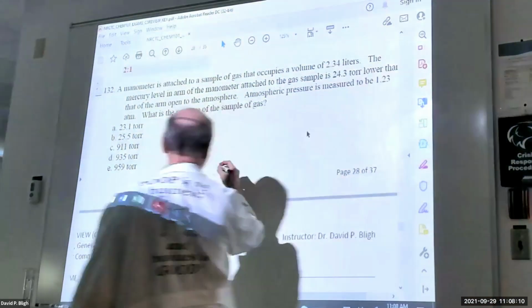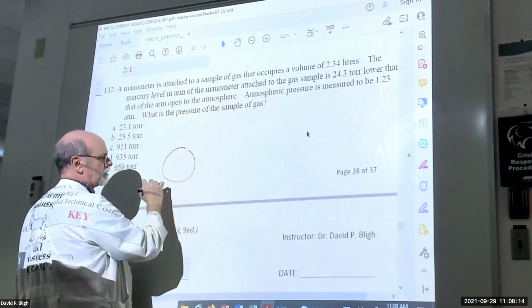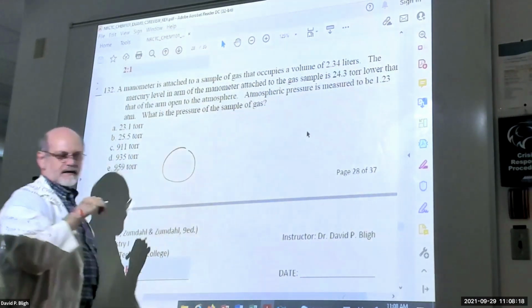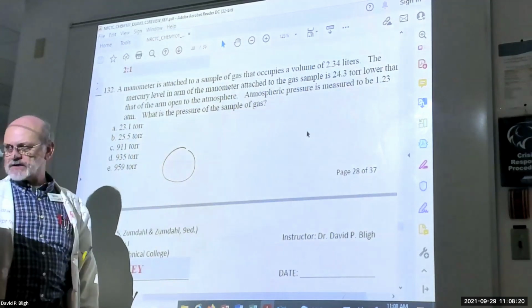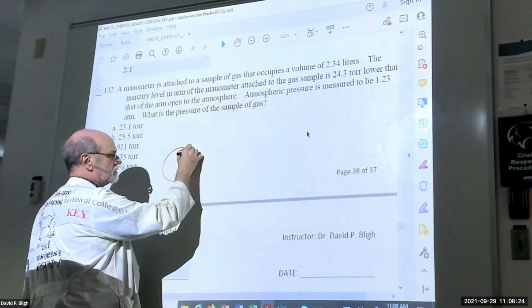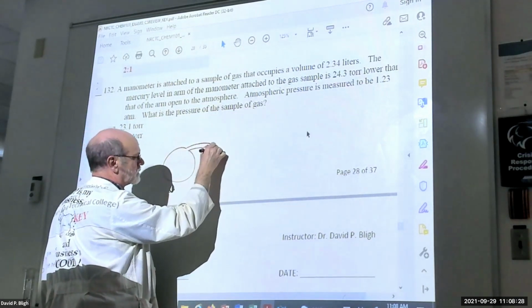Okay, this one needs a picture. So we've got a trapped gas here, and it's attached to a manometer that looks like Dalton Boyle's J-tube. Here we go, like this.